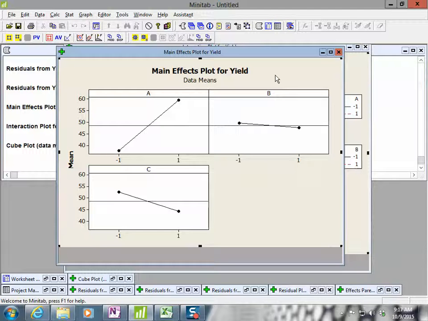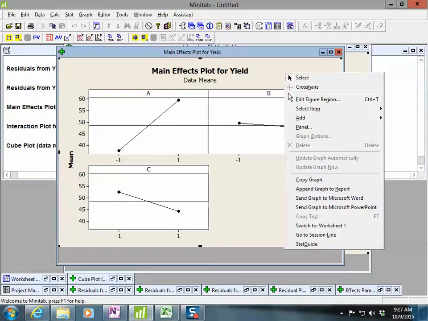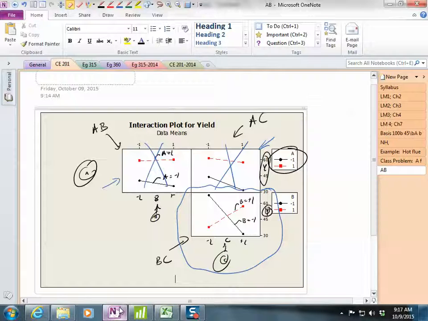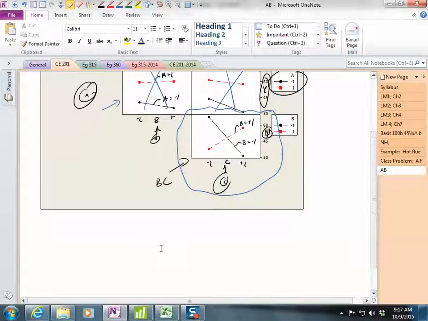But these main effects are trying to do that. They are trying to explain what B is doing without even thinking about C. And this is what C is doing without even thinking about what B is doing. So when you have a significant interaction, let me move this down here.